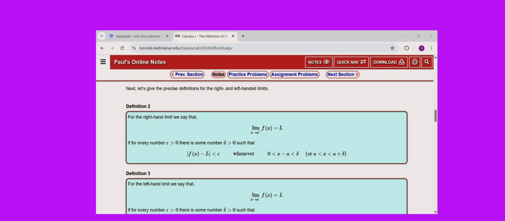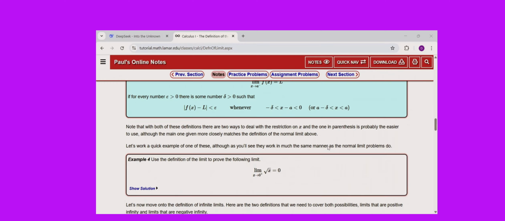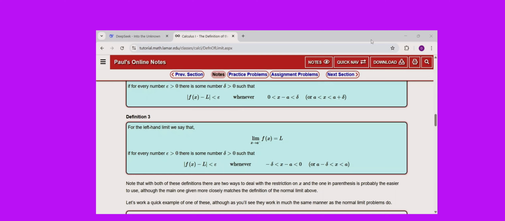Definition number 3, for the left hand limit we say that the limit as x tends to a minus of f(x) is equal to L. That is called the left hand limit.